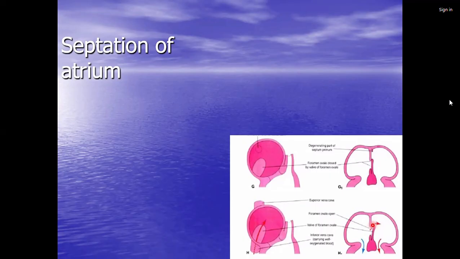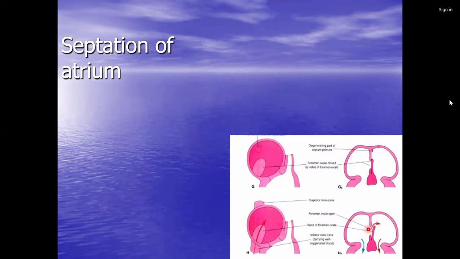You will also notice that the base of this is formed by the septum primum. So in the adult, we'll be able to identify this region as a depression that we refer to as the fossa ovalis.